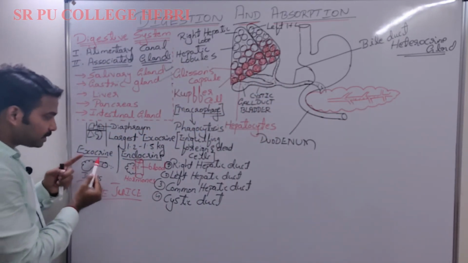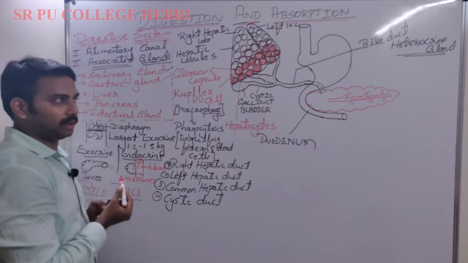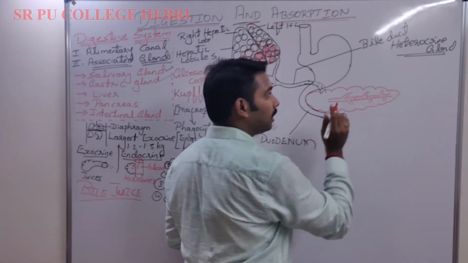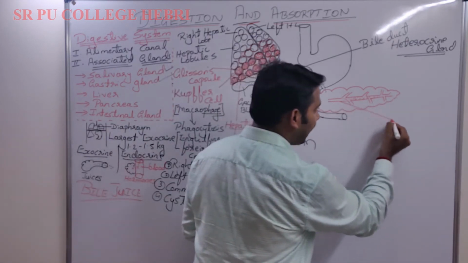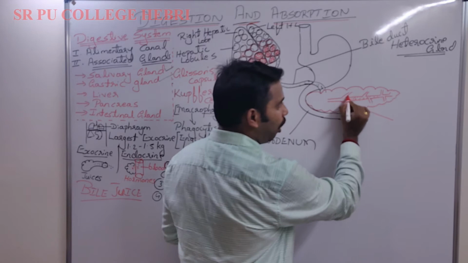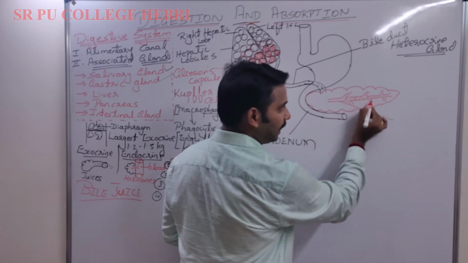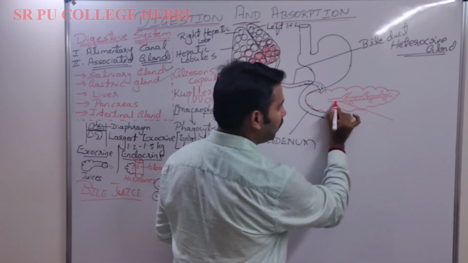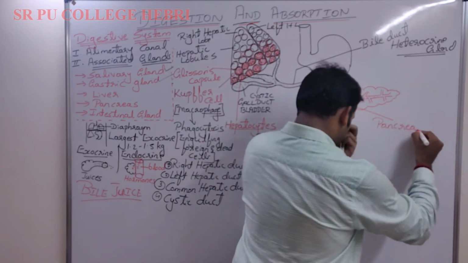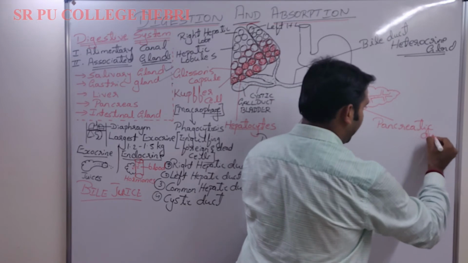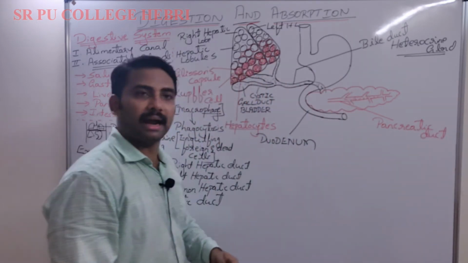Because juice is always produced by which one? Exocrine. That juice we call pancreatic juice. And all these minor ducts that carry pancreatic juice join and finally form a duct. What is that duct called? Easy to remember. The duct of the pancreas is called the pancreatic duct.